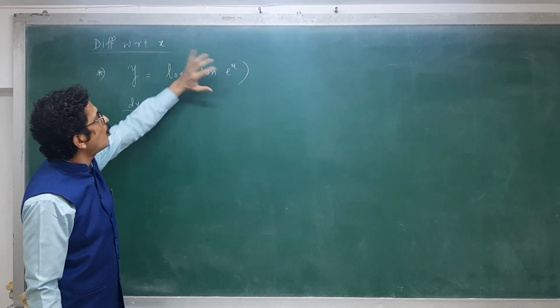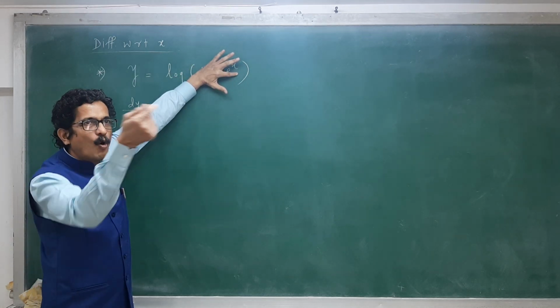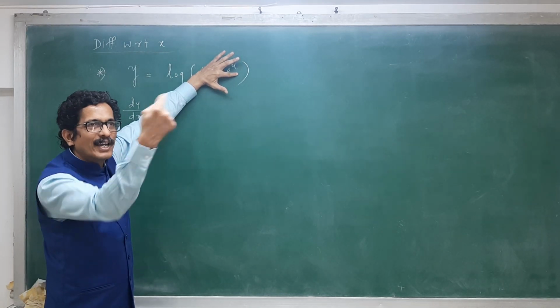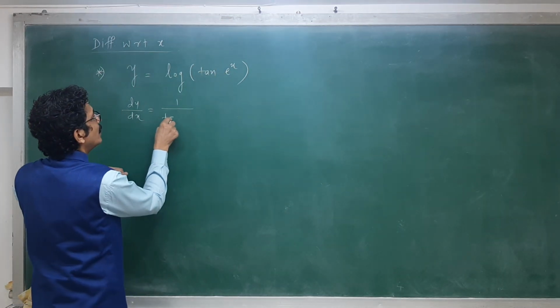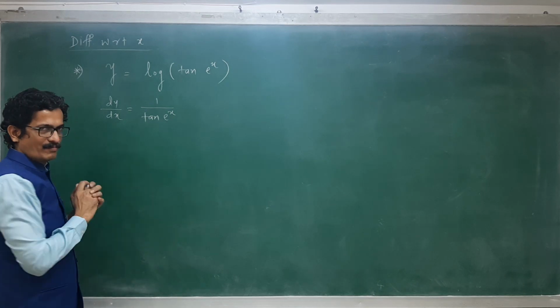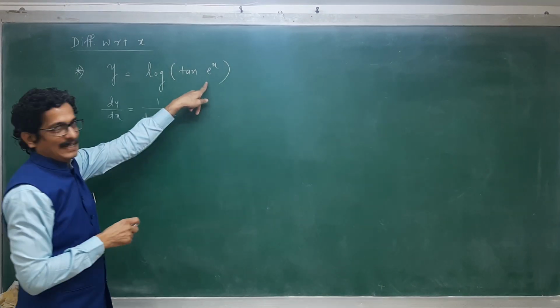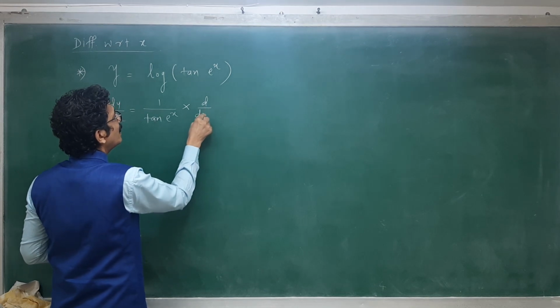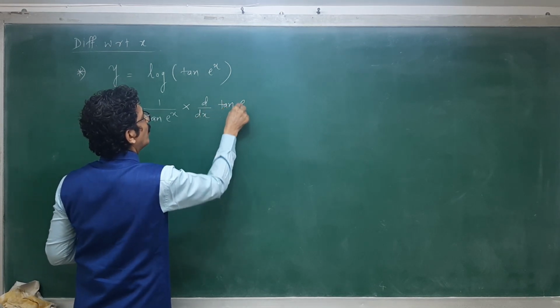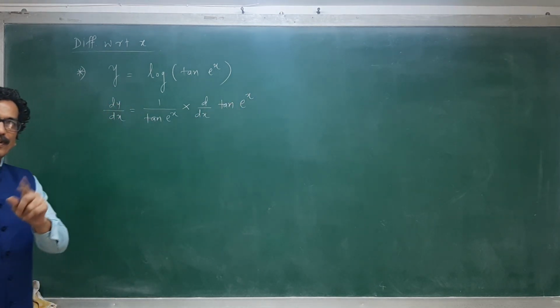When it is log of x, the derivative is 1 upon x. So as if it is x, you write 1 upon tan of e raised to x. But it was not x, and therefore you have to multiply by the derivative of that inner function, which is tan of e raised to x.